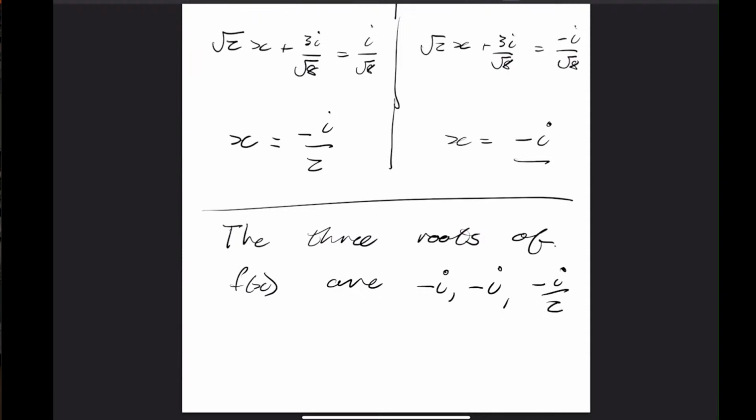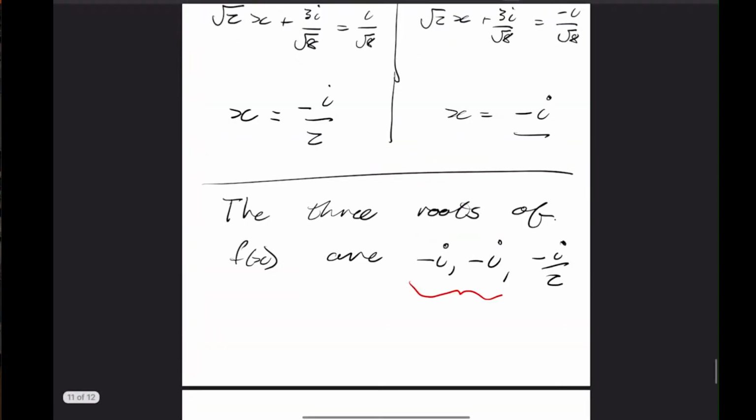So notice here we have a repeated root. Minus i occurs with multiplicity 2.